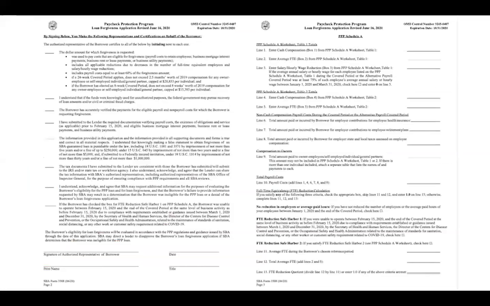So this basically, the first side of the form is the same, but then now you have the Schedule A, Table 1, Table 2. So there's a little bit more involved in the calculation. Again, if you have a question, you can contact me.